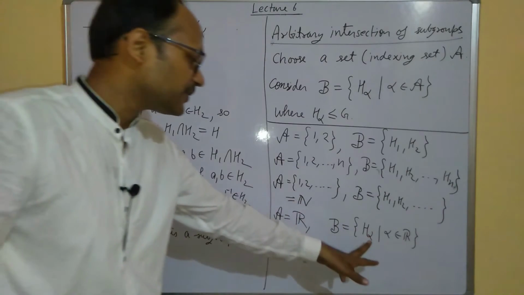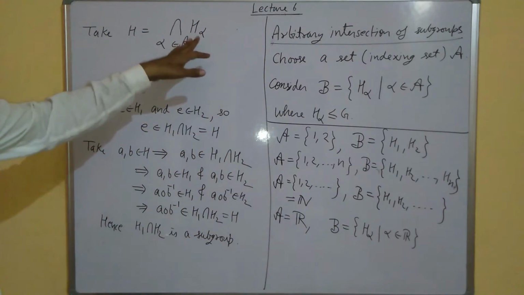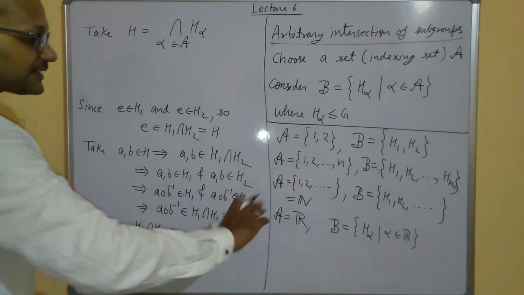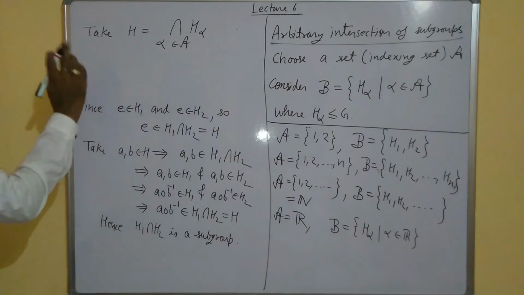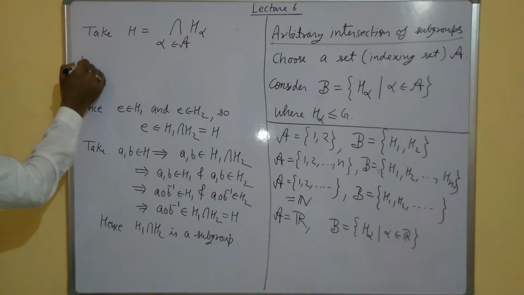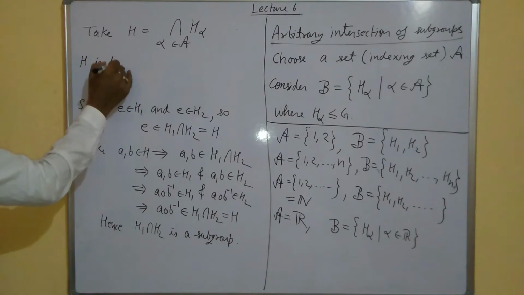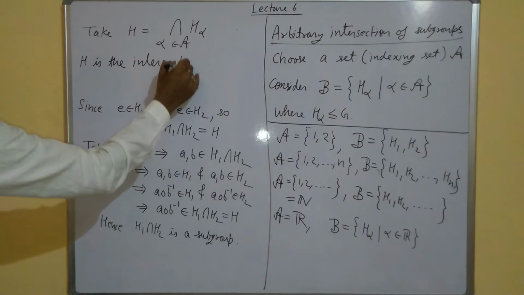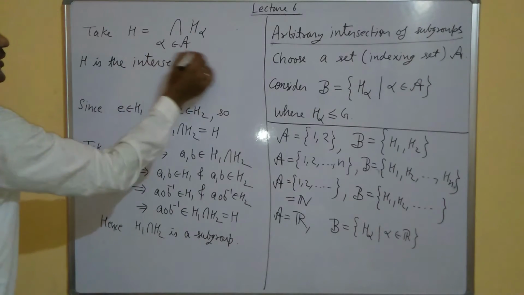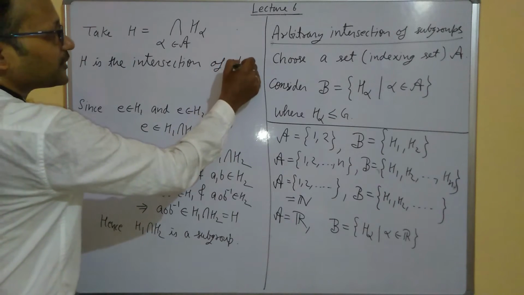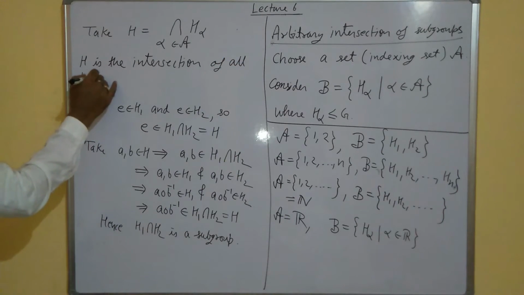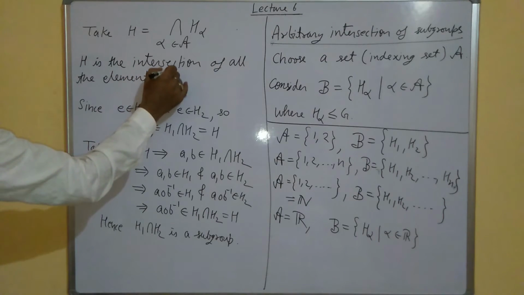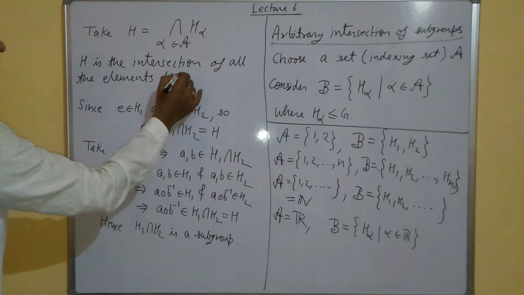And if we have this many elements, then intersection H alpha, alpha belongs to A. So in this way you can take the intersection of all the elements of B. So clearly H is the intersection of all the elements of B.